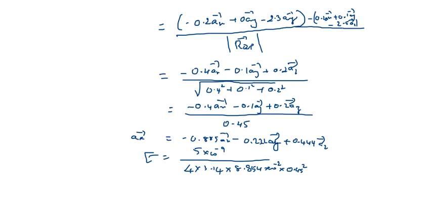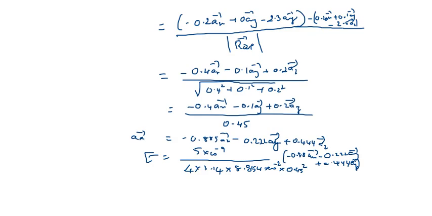After substituting this, one more thing is the unit vector, which is minus 0.888 a x vector minus 0.222 a y vector plus 0.444 a z vector.